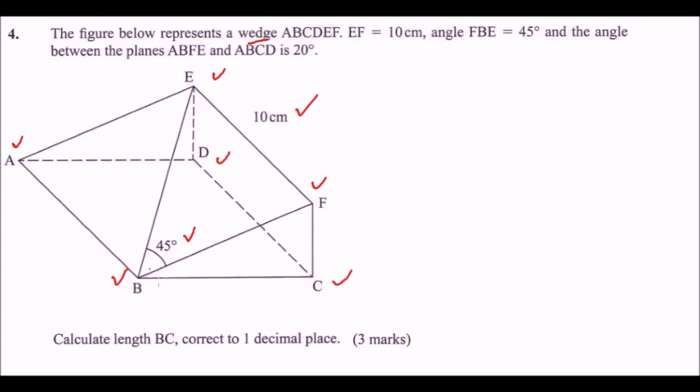So the projection of these two planes is BF. Therefore, we can label this angle as 20 degrees.